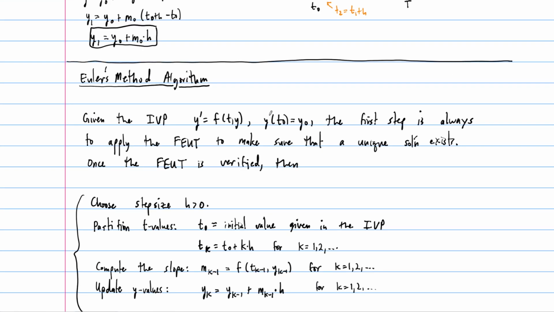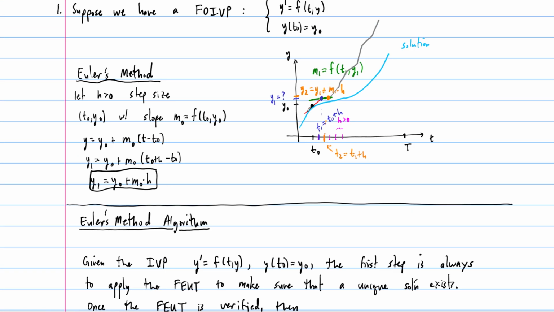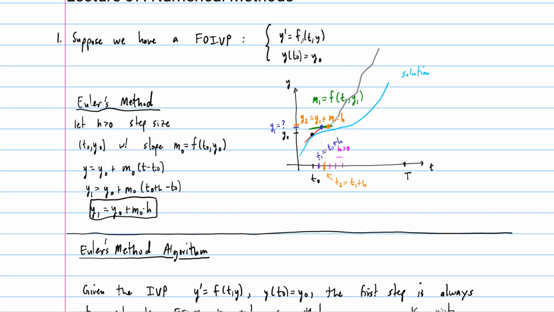And obviously this whole process depends on the solution being fairly well behaved in the first place, and really on the function f not breaking down and not becoming either undefined or extremely large, where it's untenable to compute.